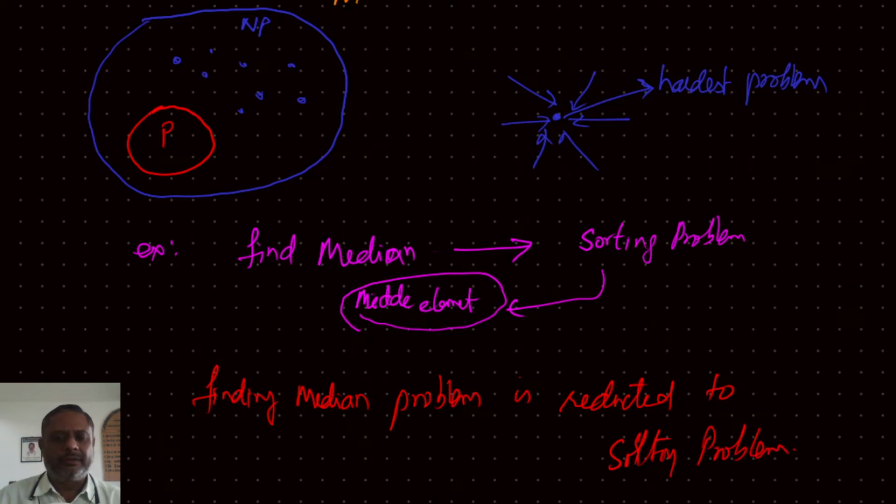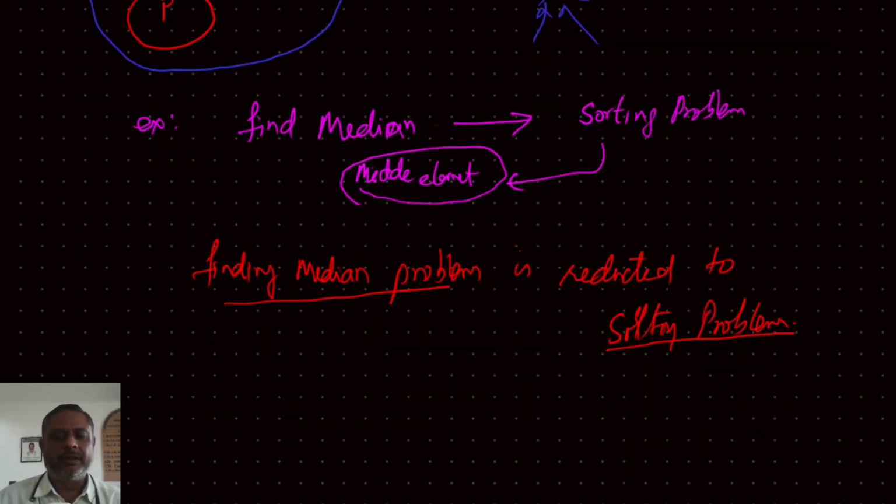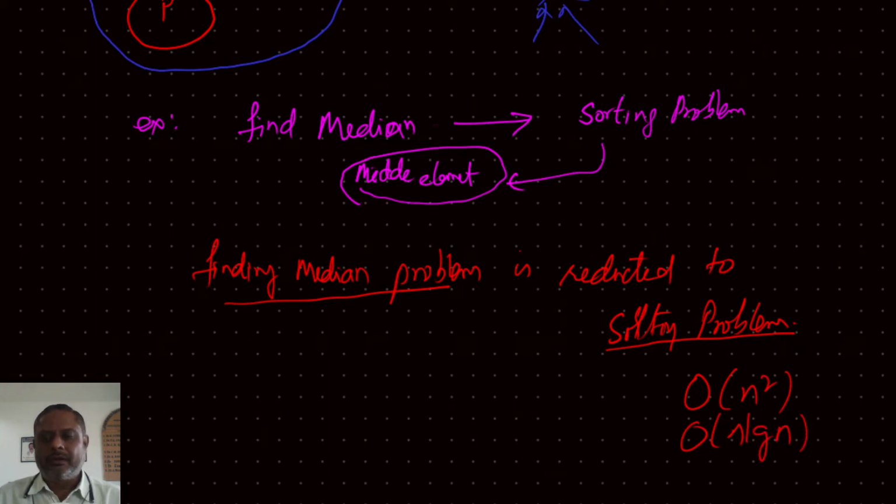Now the question is, which problem is harder? As far as the complexity is concerned, this problem is just finding the central value provided the list is sorted. But sorting is not a one-time activity, it has to be done. It can be order of n square in general, or in the best case, if you go for merge sort, it can be order of n log n, whatever it is.